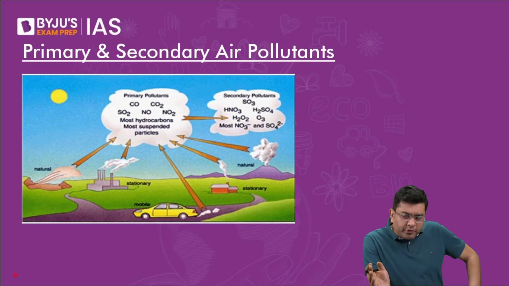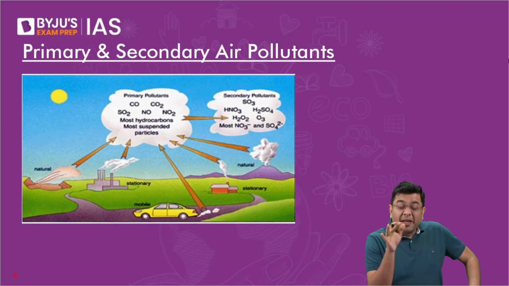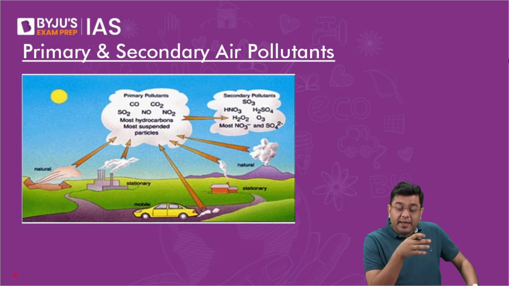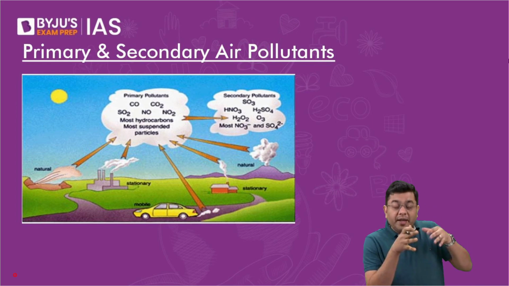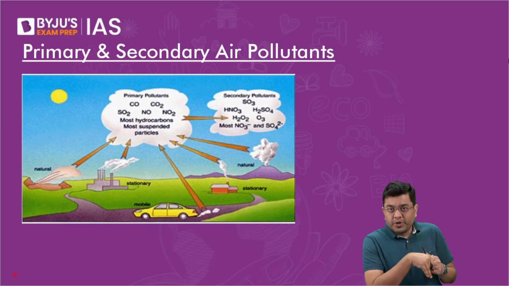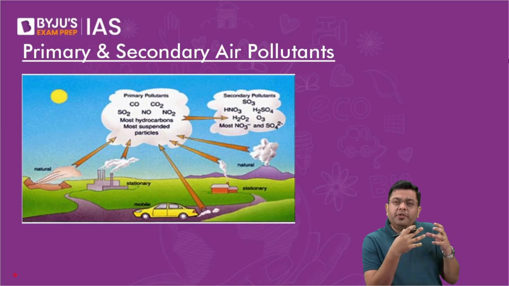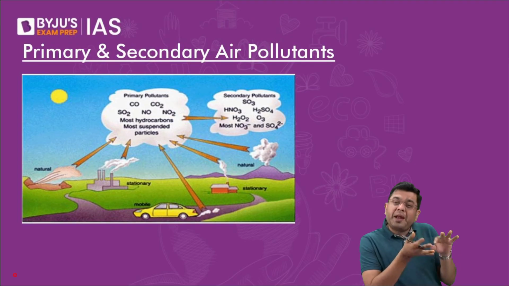So let's suppose one of these old dingy vehicles is moving on the road and it is emitting that black smoke consisting of nitrogen oxides, carbon dioxide, carbon monoxide, sulfur dioxide, lead, benzene, etc. Now, all of that is emitted directly by the vehicle. It is directly emitted by the source of pollution. So those kind of pollutants come into the category of primary pollutants, being emitted directly from the source.